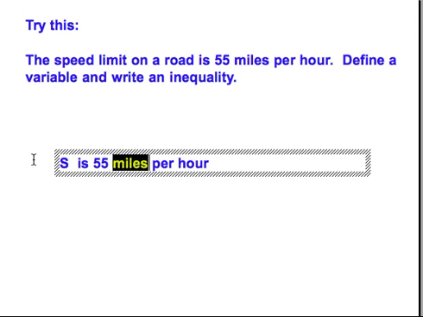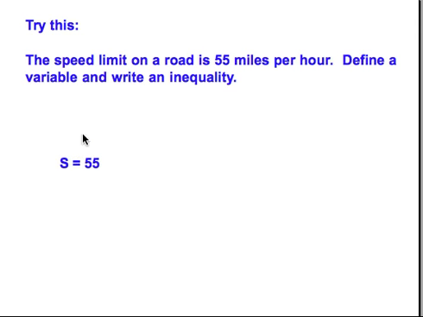So our second term is going to be 55, but the is our symbol. Now this is trying to trick you. Is a tiny little word that we talked about means equals. So S equals 55. It's actually not an inequality. It's an equation.